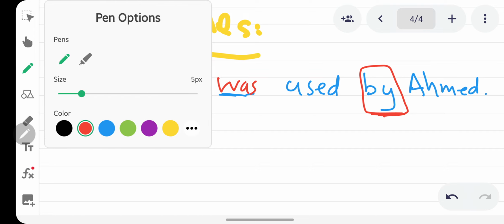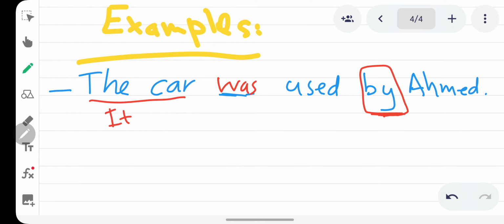Now, what about were? I'm going to write another example for it, and let's write it in green. Then we have a space here.